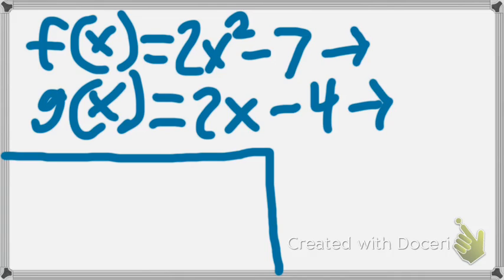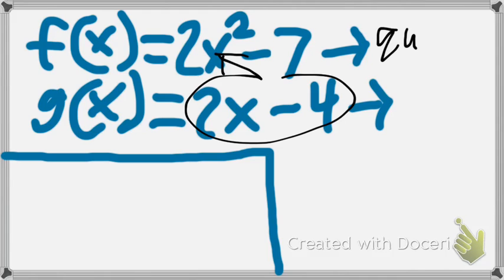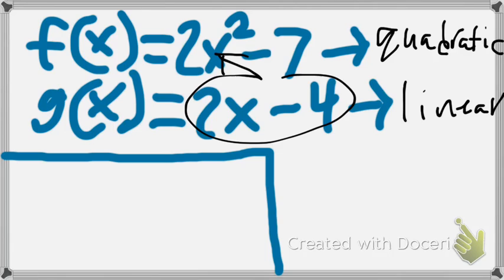The next one is a little bit harder than the last. This is math. That's always going to happen. You're still plugging this into here, but you have to square it. Again, this is a quadratic, and this is linear.